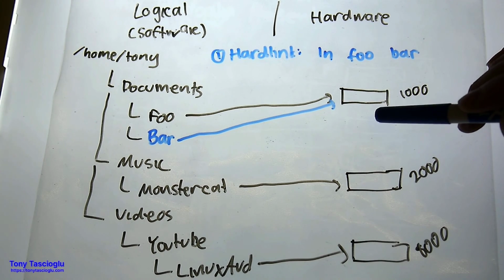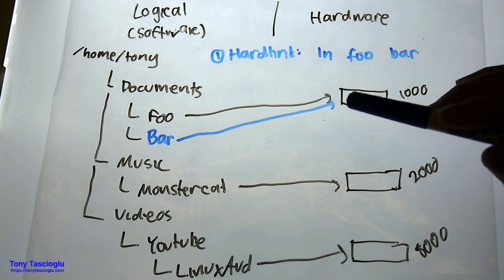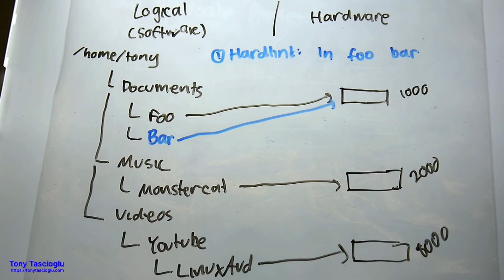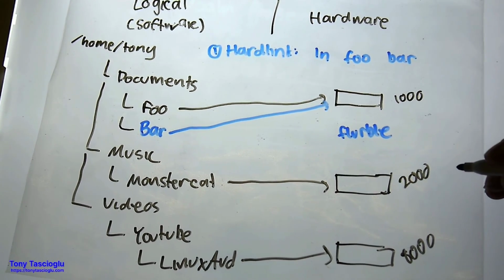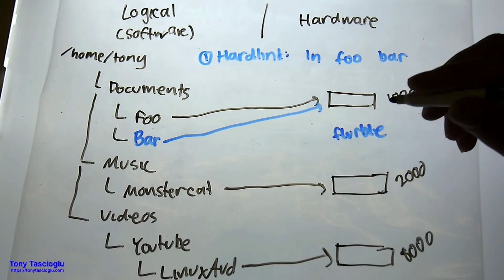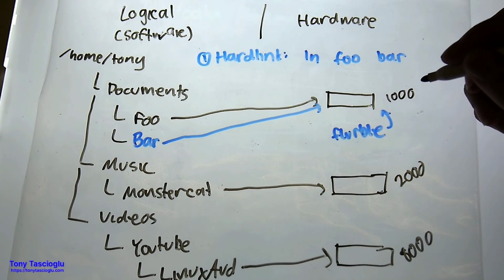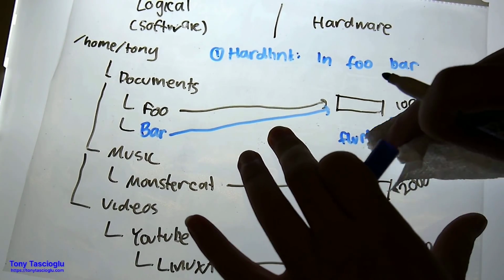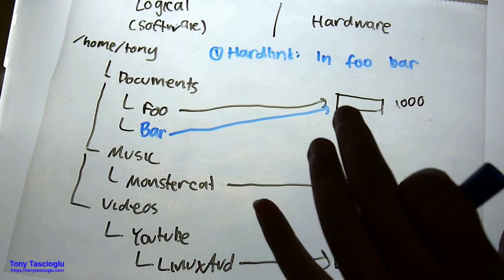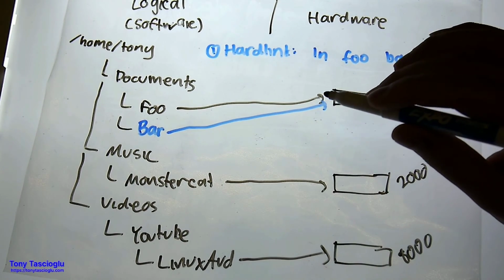Now, what if I change this? Say I put flurble into the file, right? So I open bar and I write the word flurble. And then I save this file. What happens? Well, this word is going to get written to this block. So I can close the file and then, it's in this block. Then say, what happens if I go back and I open foo?